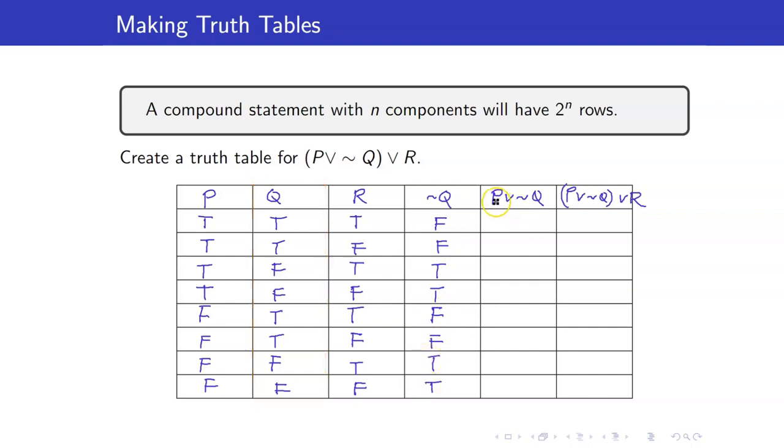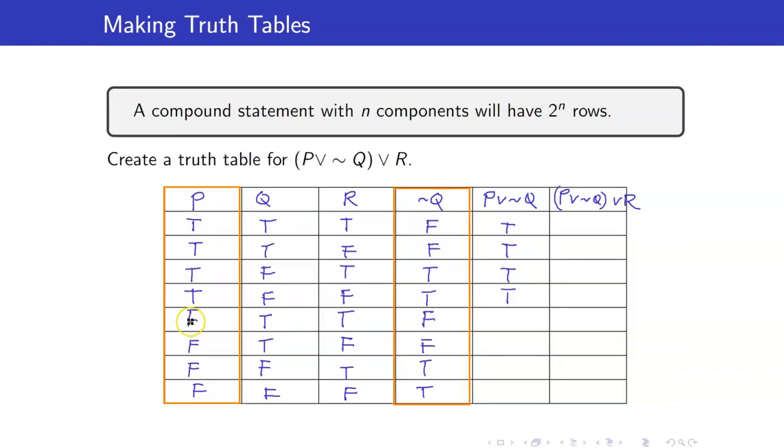Next, for the column P or not Q, so for the first 4 rows, P is already true, so definitely this will be true because one of them is already true. For the 5th row, P is false, not Q is false, so OR is false.